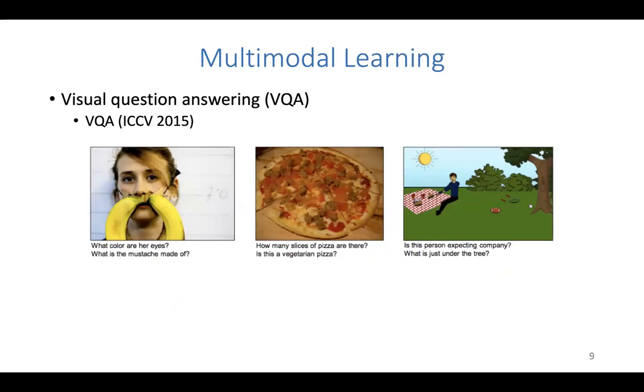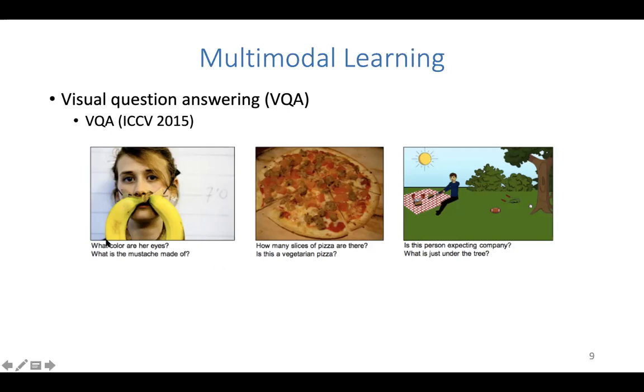VQA actually needs to understand both text and image at the same time. So you need a model that encodes both image and text, and then mixes the encoded representations somehow, doing co-attention or bidirectional attention or whatever, and then the model needs to generate the answer to the question.